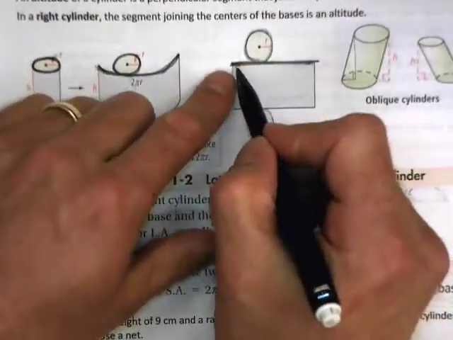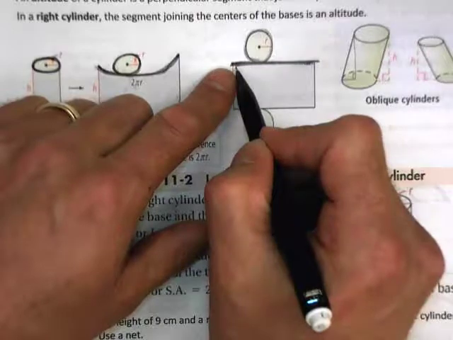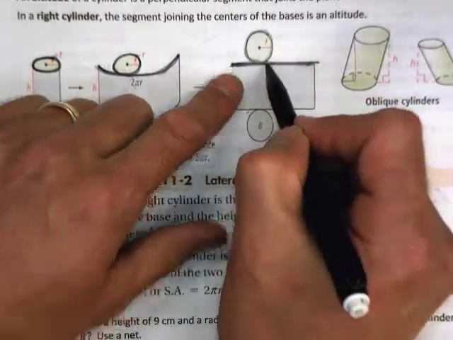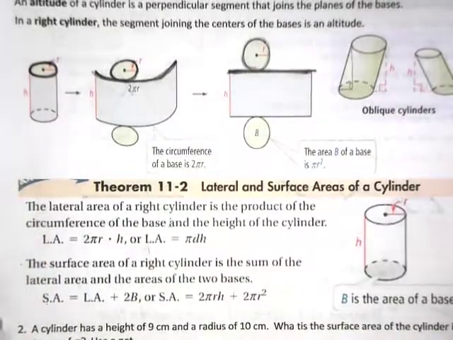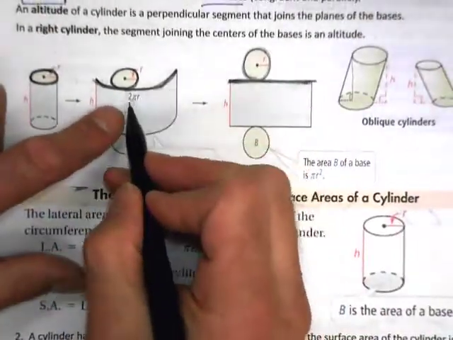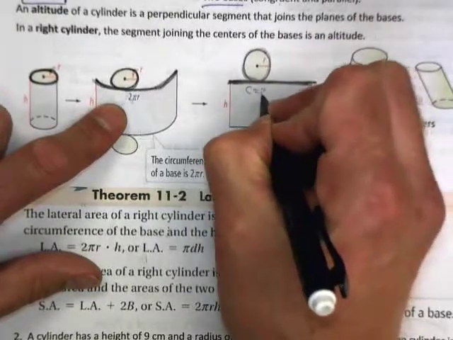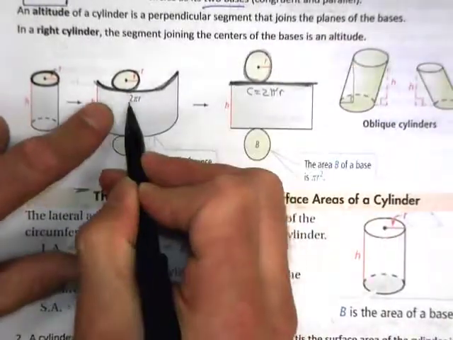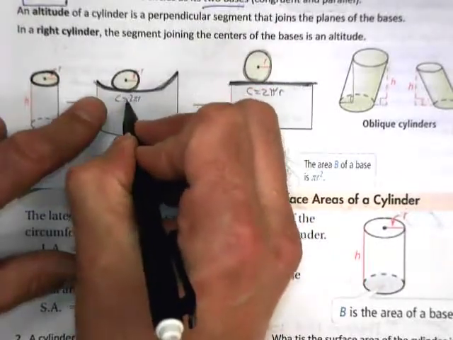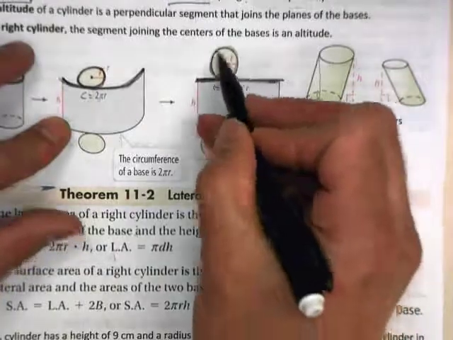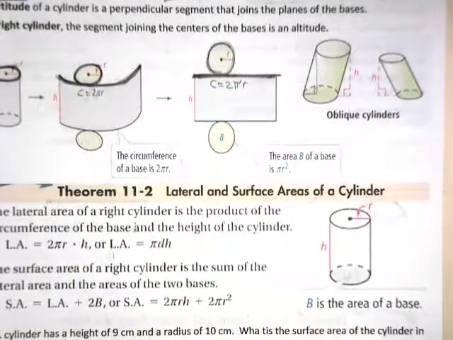And notice that this length of the lateral area is the same distance around the circle, which is the circumference. So a little faint on here, write it in yours: circumference equals 2 pi r. So that length is the circumference around the circle.